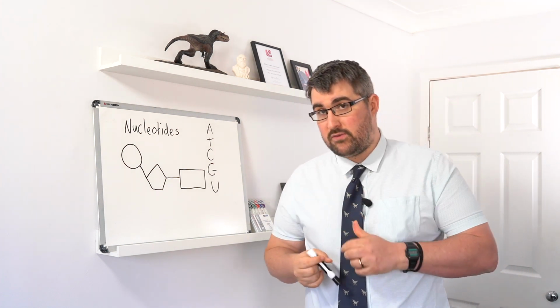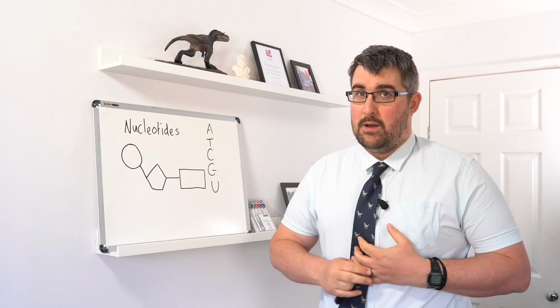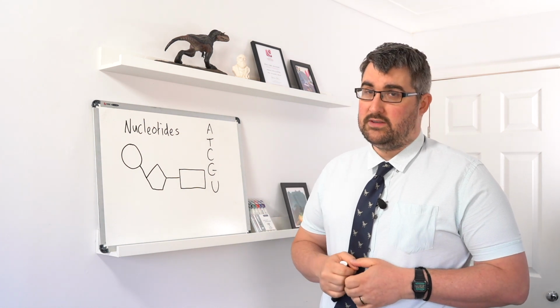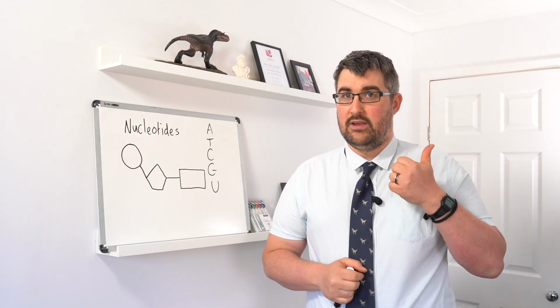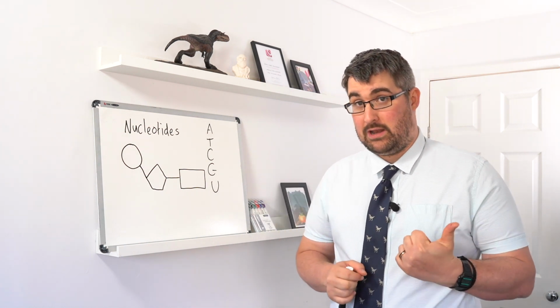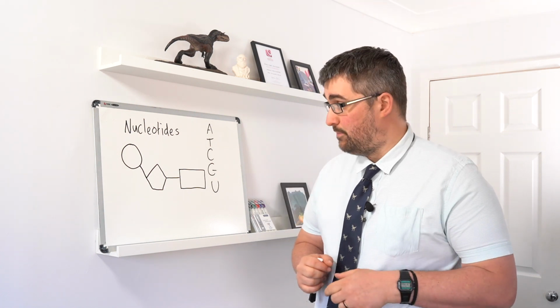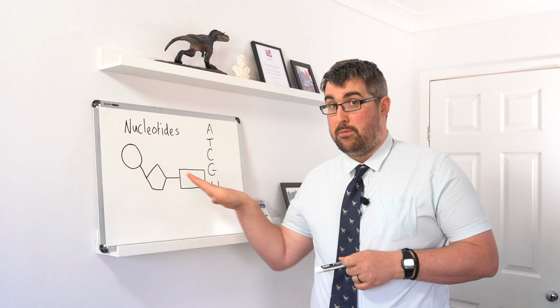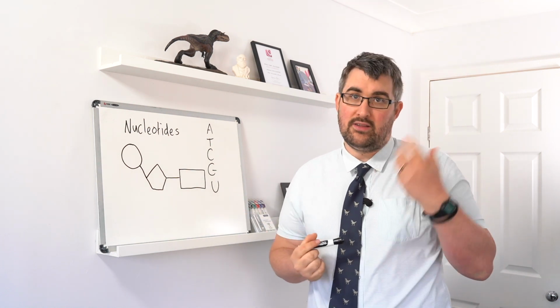Nucleotides are the monomers, the building blocks that make up the nucleic acids, the more complex polymer versions of these substances. There are 2 main types of nucleic acid. There is DNA or deoxyribonucleic acid, or there's RNA, which is ribonucleic acid. Okay, so they both are made up of nucleotides, but where do those DNA and RNA nucleotides differ?